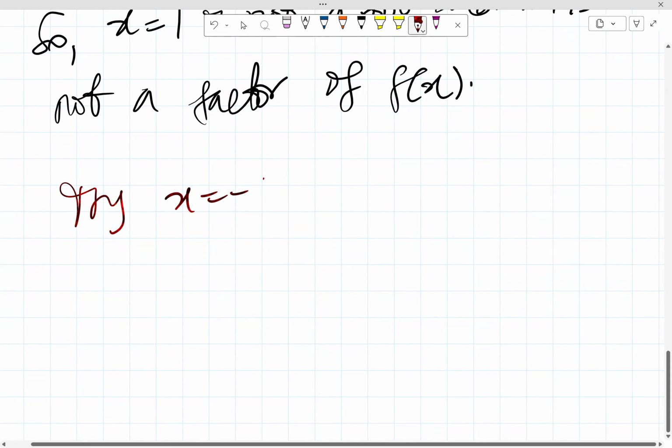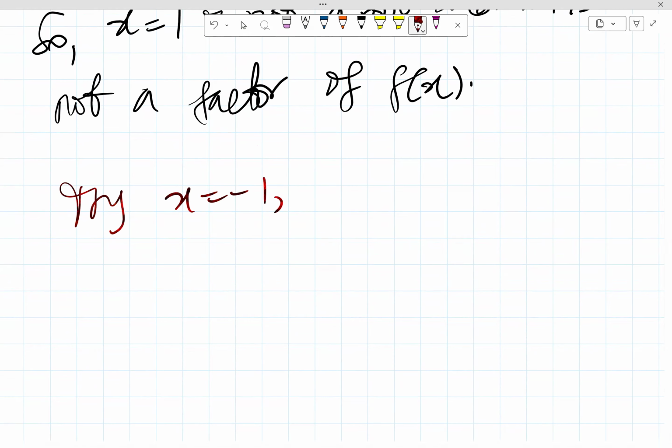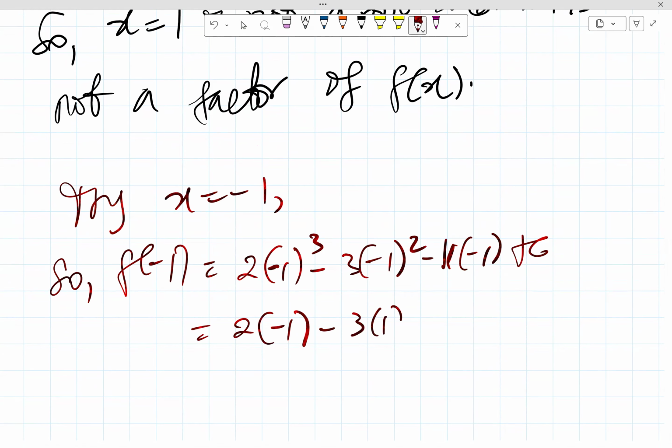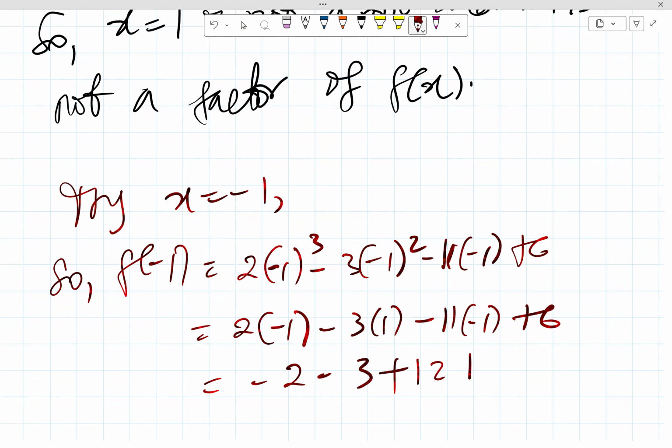x equals minus 1. Try x equals minus 1, so that f of minus 1 is equal to 2 into minus 1 cubed minus 3 into minus 1 squared minus 11 into minus 1 plus 6. So we have 2 into minus 1 minus 3 into 1 minus 11 into minus 1 plus 6. So this is minus 2 minus 3 plus 12 plus 6.